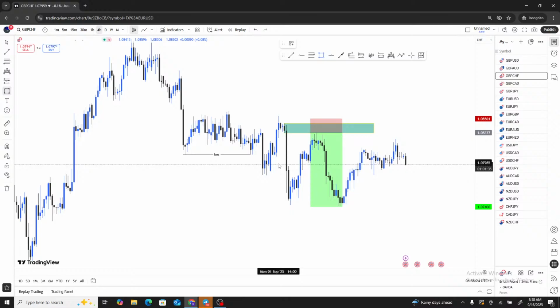This is on a 4-hour time frame. I told you, imbalance is the relationship between 3 candles. 1, 2, and 3. This is the third candle. So you see, a very huge imbalance was right there.